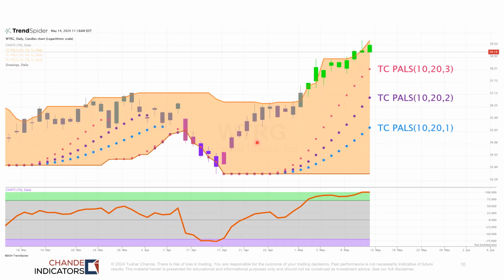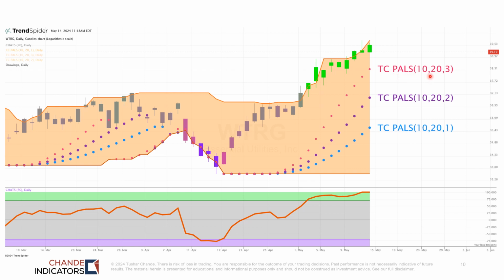This is daily data for WTRG, which was the first name on the list on the previous slide. The lower panel has the CHATS indicator, which is above 75 and at 100. And I've shown you 3 possible accelerating stops using the PALS indicator, which is the parabolic accelerating long stop.